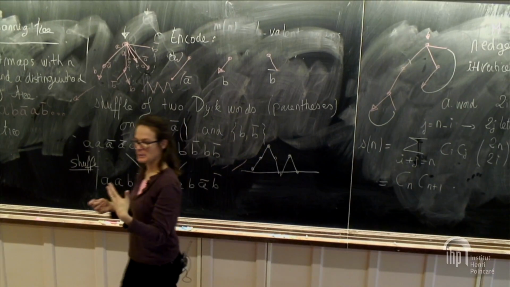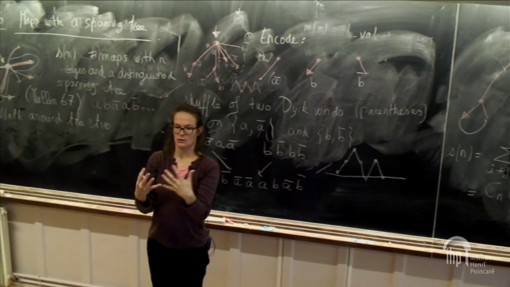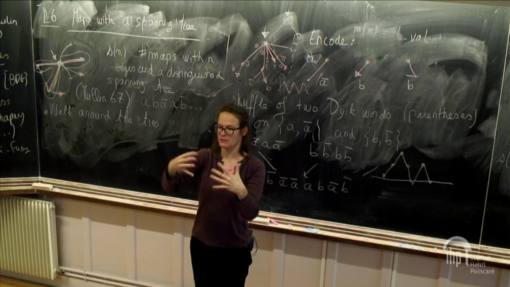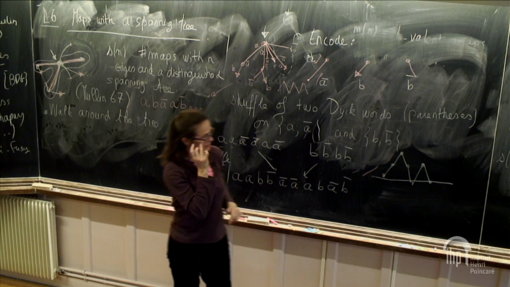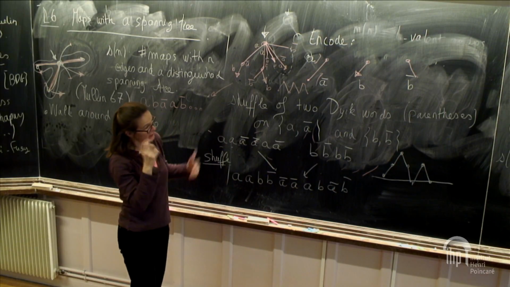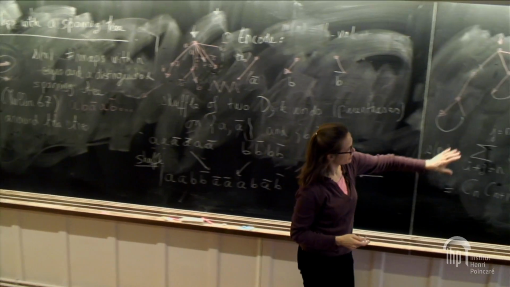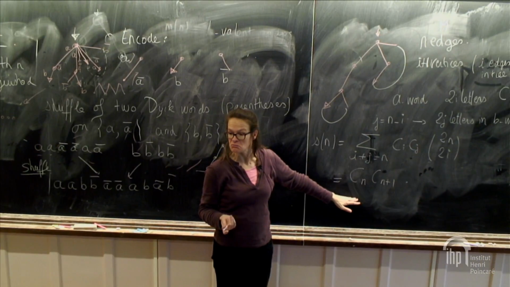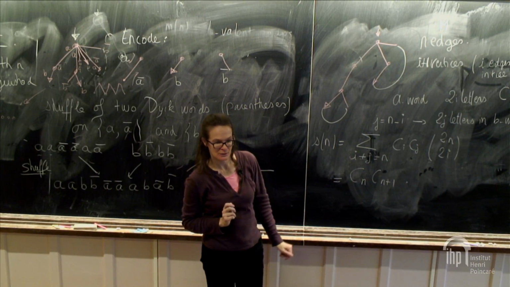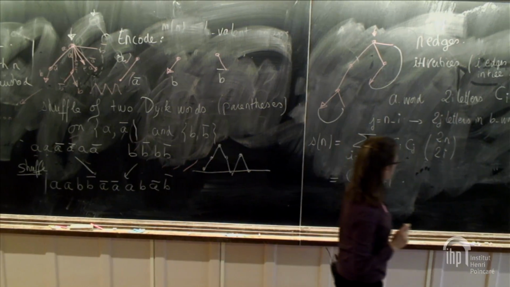So a map with a spanning tree is just two trees that you have, in a sense, interleaved. And so that's really the structure. It's rather transparent, and it leads to this formula, which happens to have a nice closed expression.